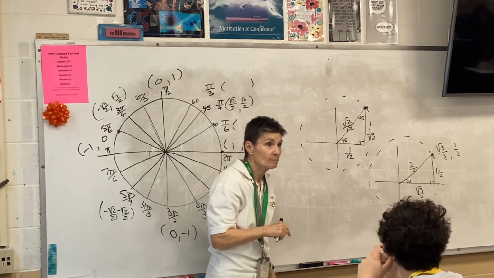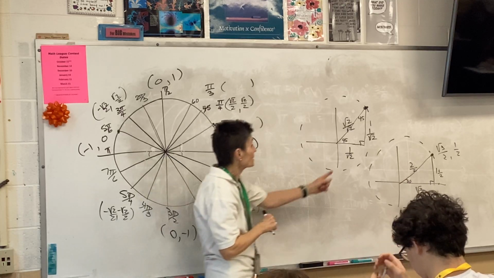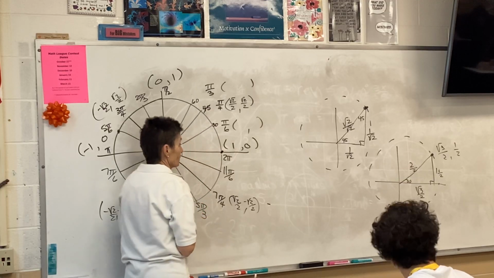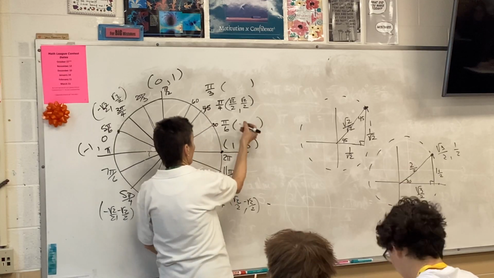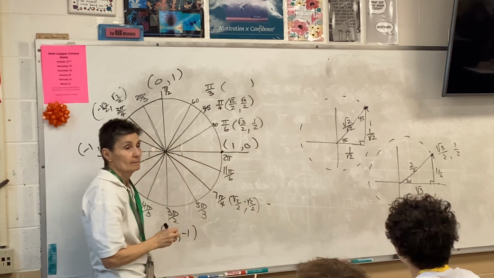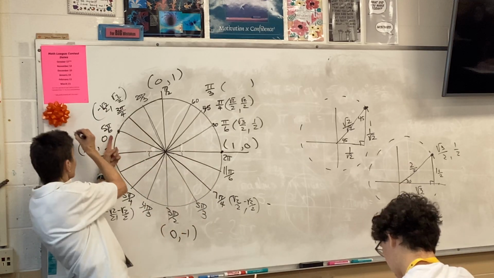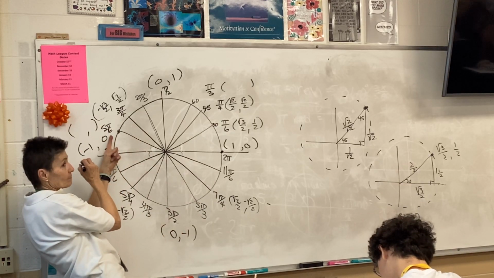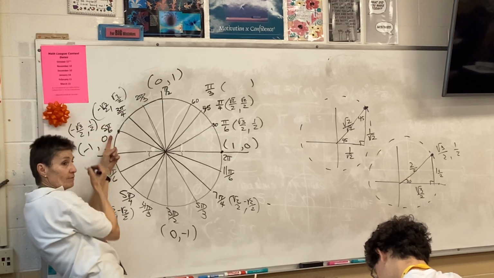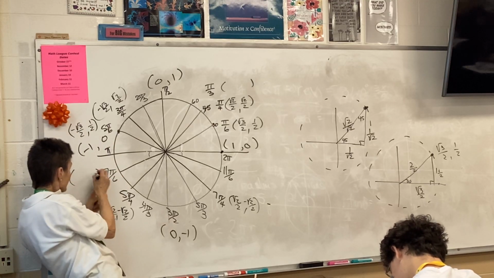Oh, did you get root 2 over 2 by rationalizing? Yeah. Okay, so pi over 6 is root 3 over 2, comma, 1/2. So what's this pi over 6? Negative root 3 over 2, 1/2. This pi over 6.